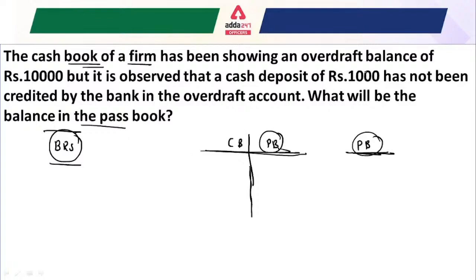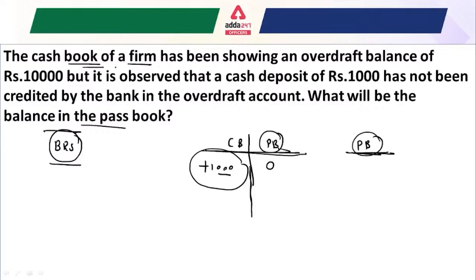Again, the condition given: it is observed that a cash deposit of 1,000 has not been credited by the bank. That means a customer deposited the cash, and after depositing the cash, he maintains this 1,000 rupees, while the bank has not credited. So if the bank has not credited it in the overdraft balance, this value would be zero for this condition.